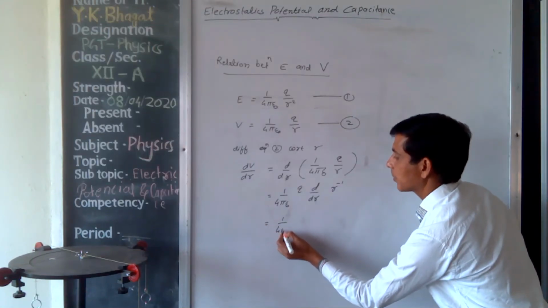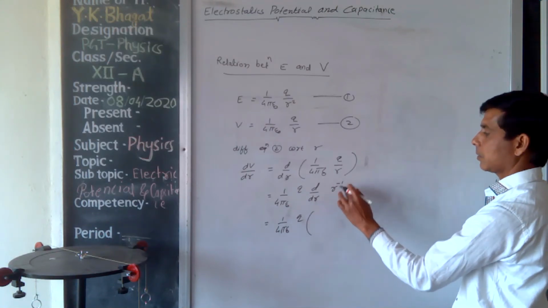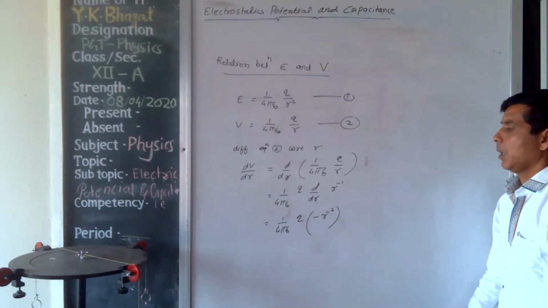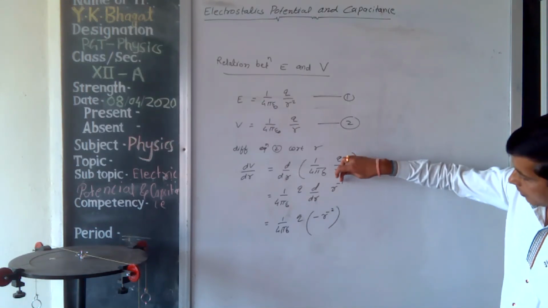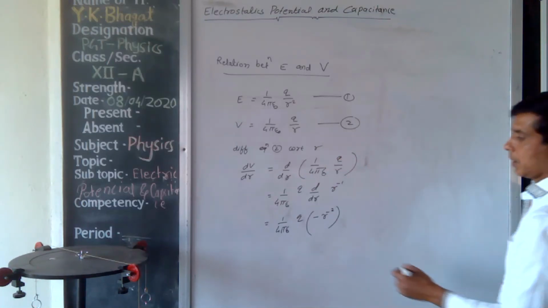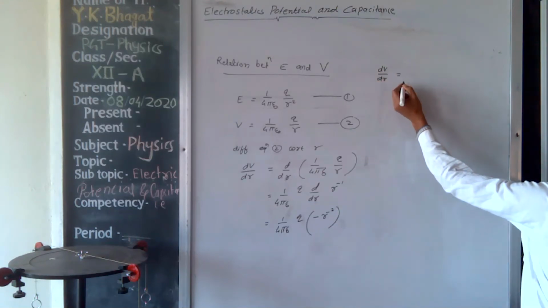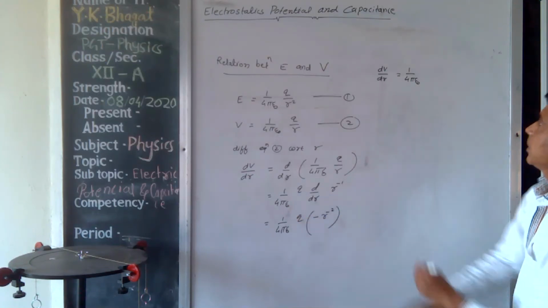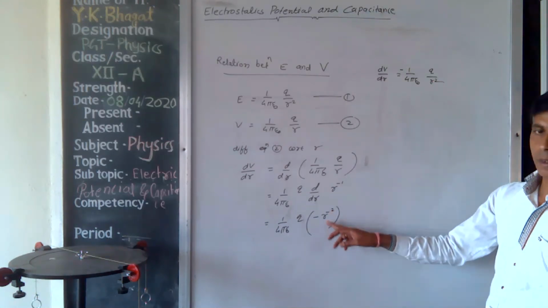The differentiation of r raised to minus 1 will be minus r raised to minus 2, because after differentiation the power decreases by one and the old power comes in front. Then dV upon dr equals 1 upon 4 pi epsilon naught, taken as minus q upon r square.